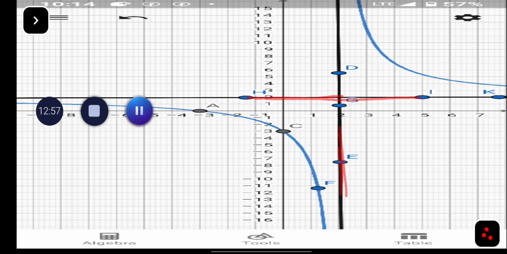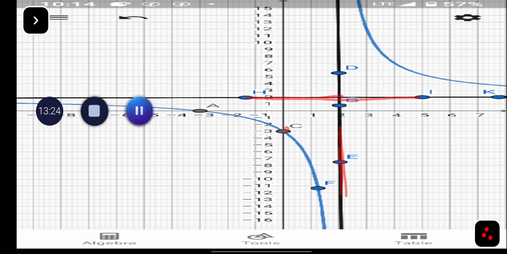And remember, as we had from our table of variation, from 2, that's below 2. This is what I mean by below 2. y is 2, so it means it approaches this asymptote, comes down, and passes through the intercepts a and c, then goes to this other vertical asymptote.